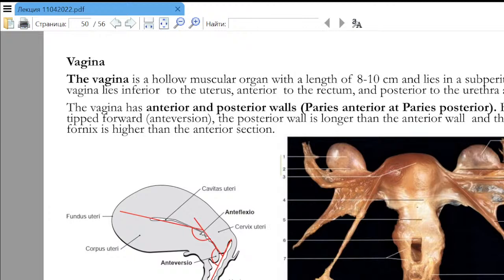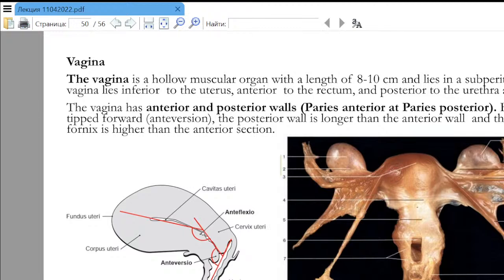The vagina is a hollow muscular organ with a length of 8-10 cm and lies in a subperitoneal position. The vagina lies inferior to the uterus, anterior to the rectum, and posterior to the urethra and bladder.